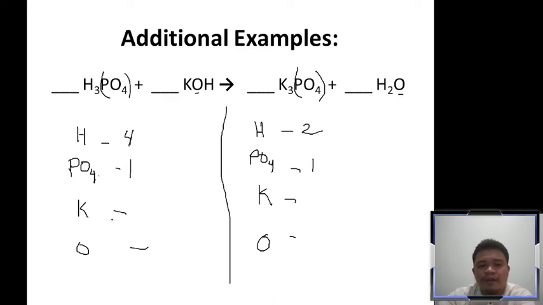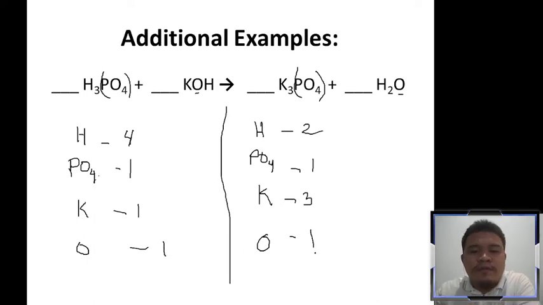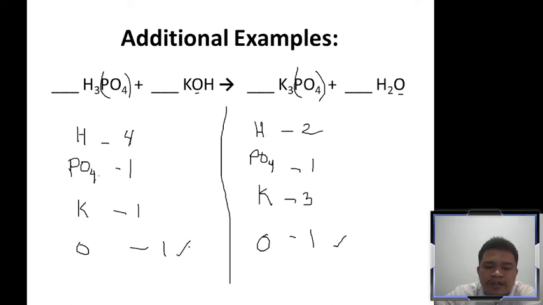Now K here is 1 and K on the other side is 3. And oxygen, additional oxygen is 1 and 1. There. Now, which of the elements are not balanced? Oxygen is balanced, additional oxygen is balanced, PO4 is balanced. So what is not balanced is hydrogen and potassium.